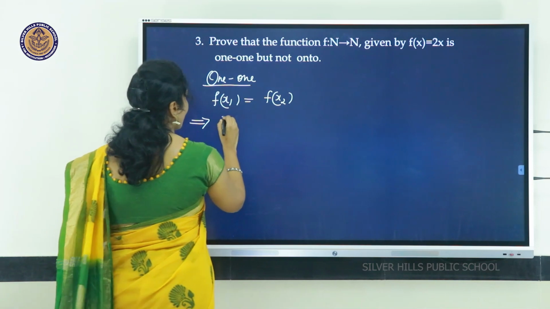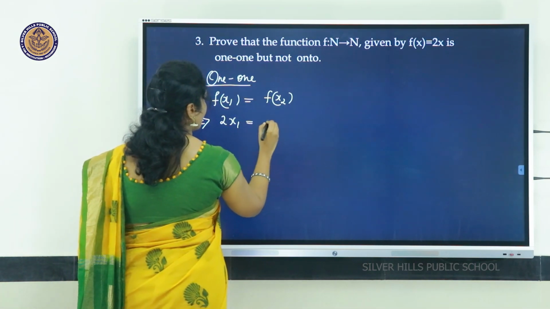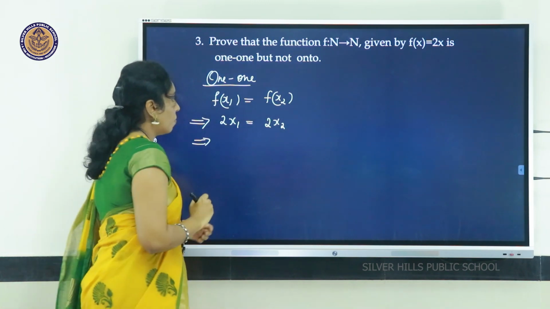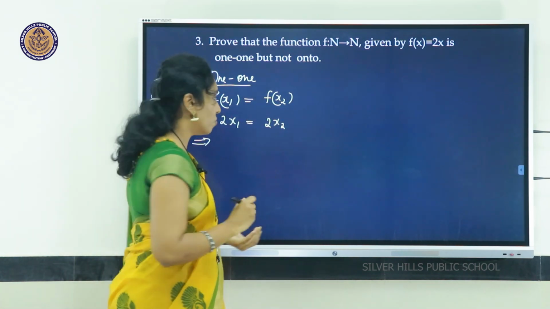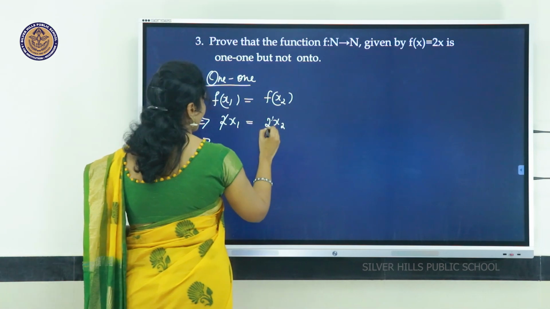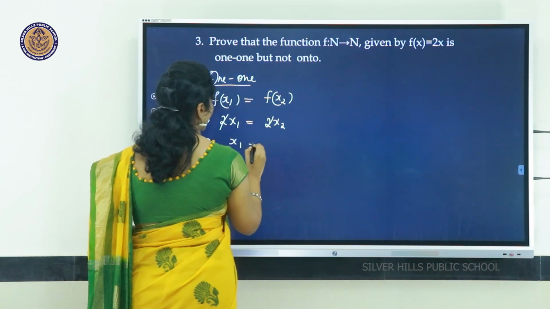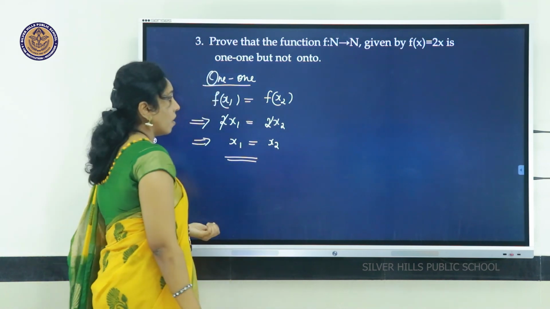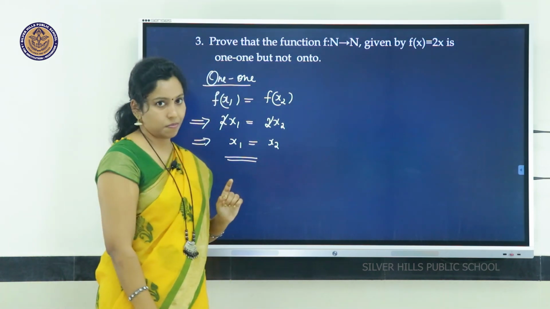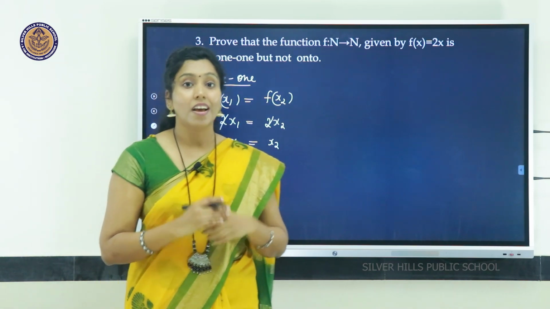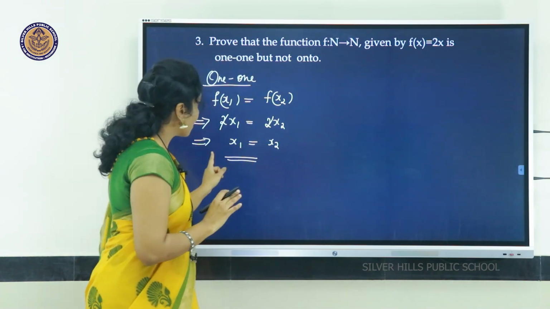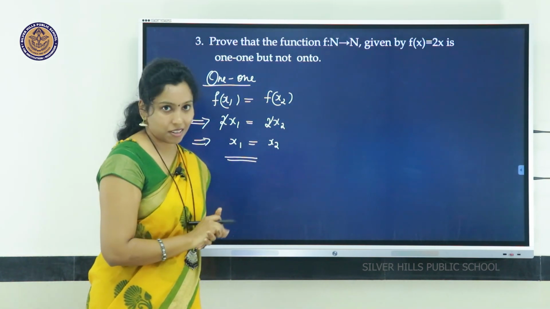So, we get 2x1 is equal to 2x2, which implies, now we can cancel 2 and 2, and we get x1 is equal to x2. So, we proved that the given function is 1-1. And what was the definition of 1-1? f of x1 equal to f of x2 implies x1 is equal to x2, and we got that.